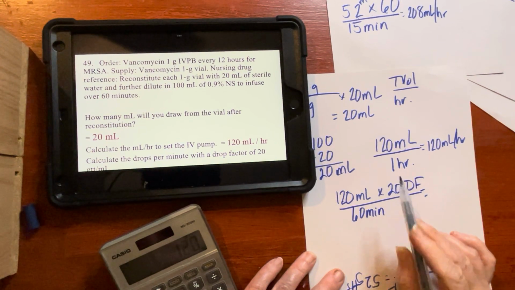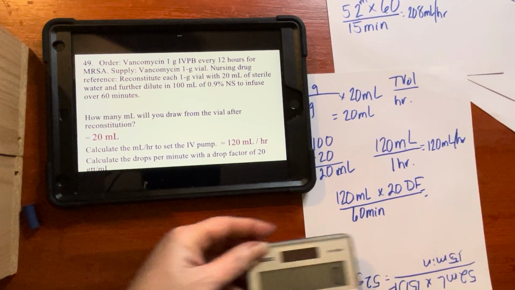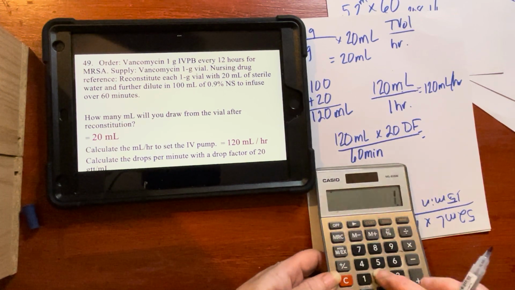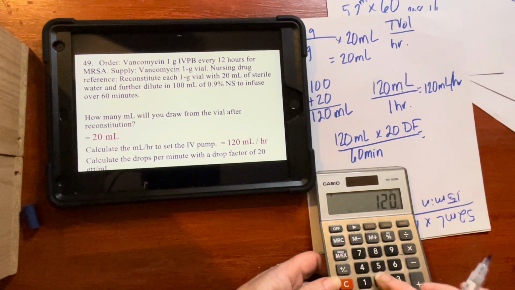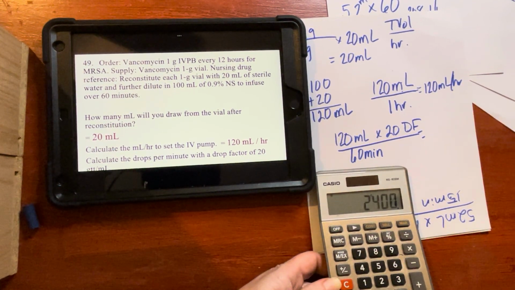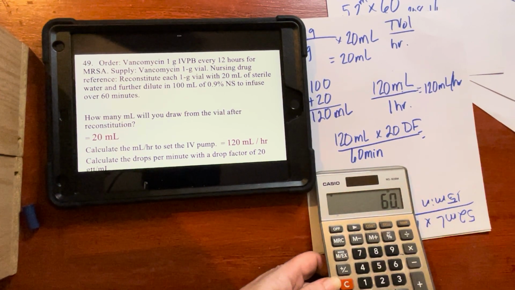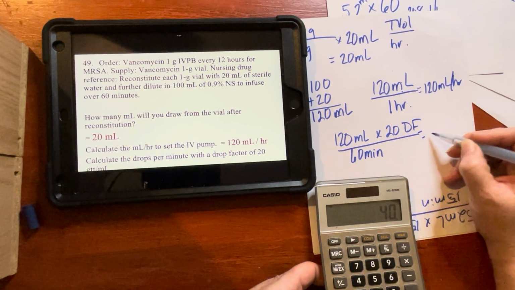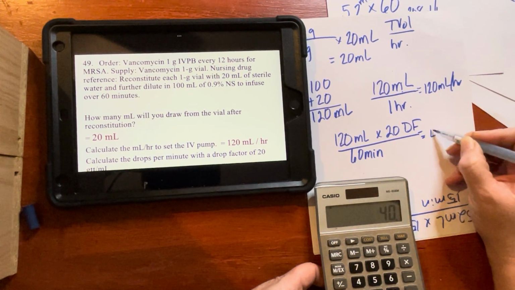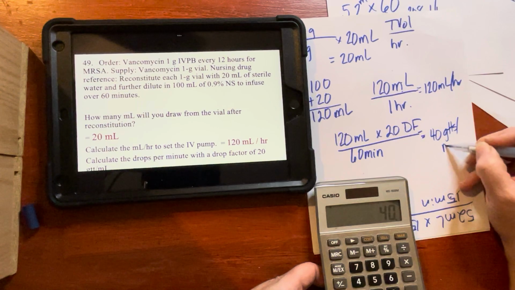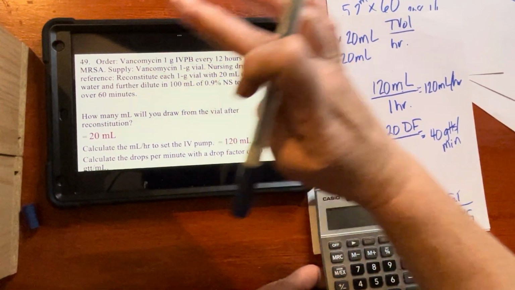That times that and divide it by that. Divided by 60. And that will equal 40 drops per minute.